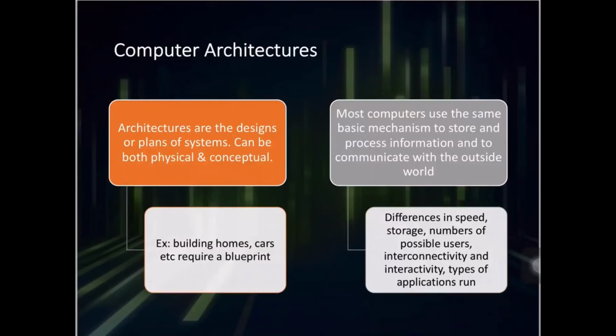Now, computer architecture. What comes to your mind when you hear the word architecture? The word architecture is used when we talk about building architecture, some park architecture, but mainly it relates to the building, right? Building architectures are the design or plan of a system, can be both physical and conceptual.